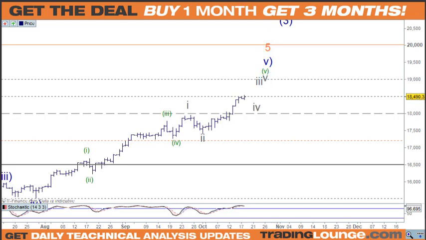So we'll see a little dance across this level, and then further upside at that point. But 1, 2, 3, 4, 5 just for that. I just can't, it can't be wave 3 there either.